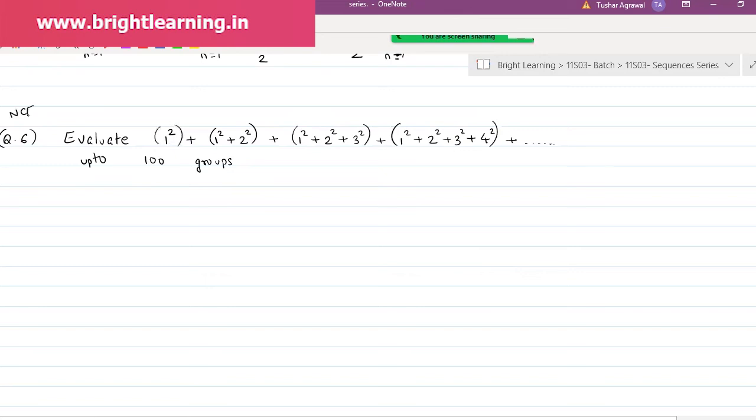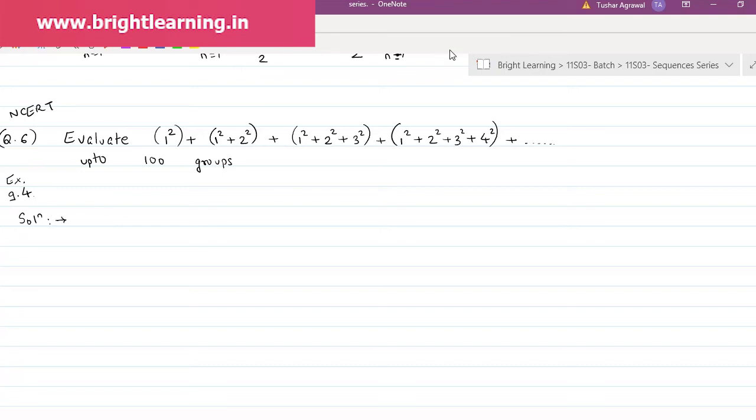This is an NCERT question, Exercise 9.4. Just 1 second. Try for 1 minute.